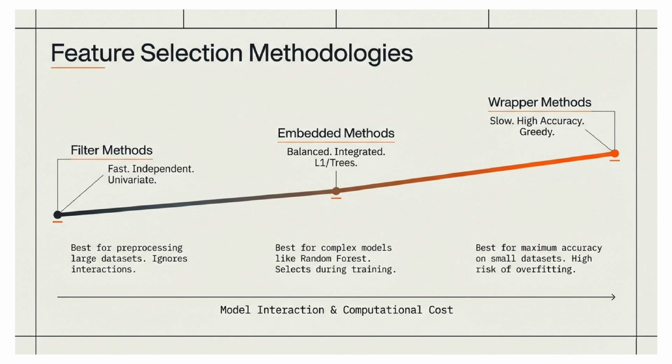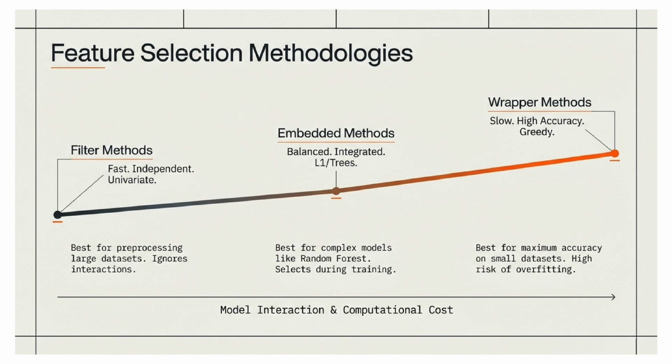But they look at each feature separately and may miss relationships between variables. The second method is embedded methods, where feature selection happens during model training itself. These methods create a balance between speed and accuracy and are commonly used in models like decision trees and random forest.